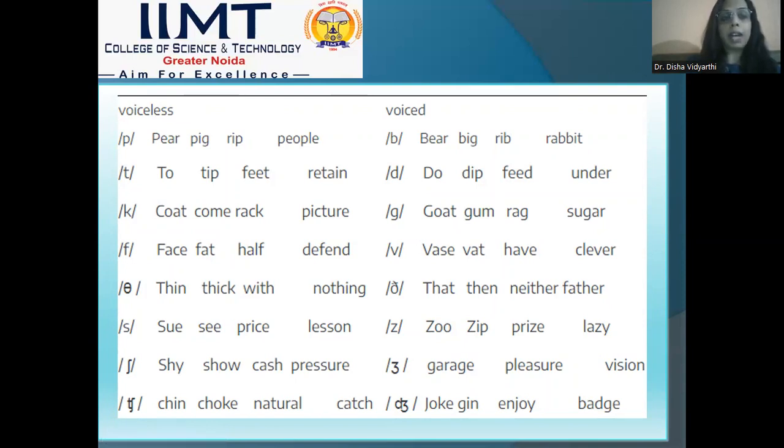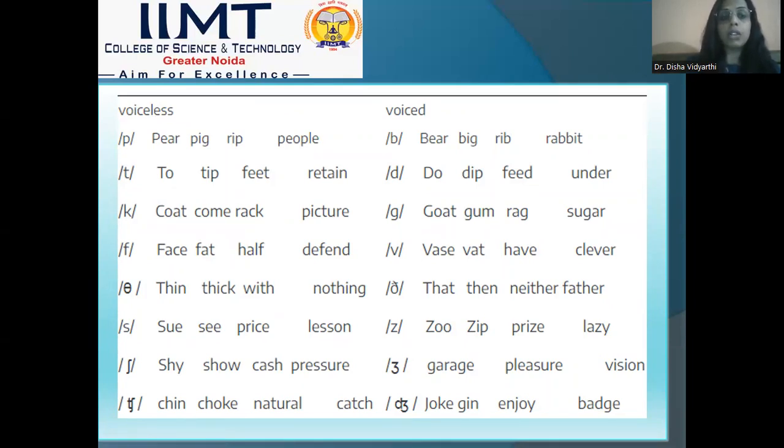If you just speak after me: p, t, k, f, th, sh. In these sounds, if you concentrate on the articulation, you are just using your lips or the tongue. You are not activating your vocal cords. There is no vibration in the vocal cords.